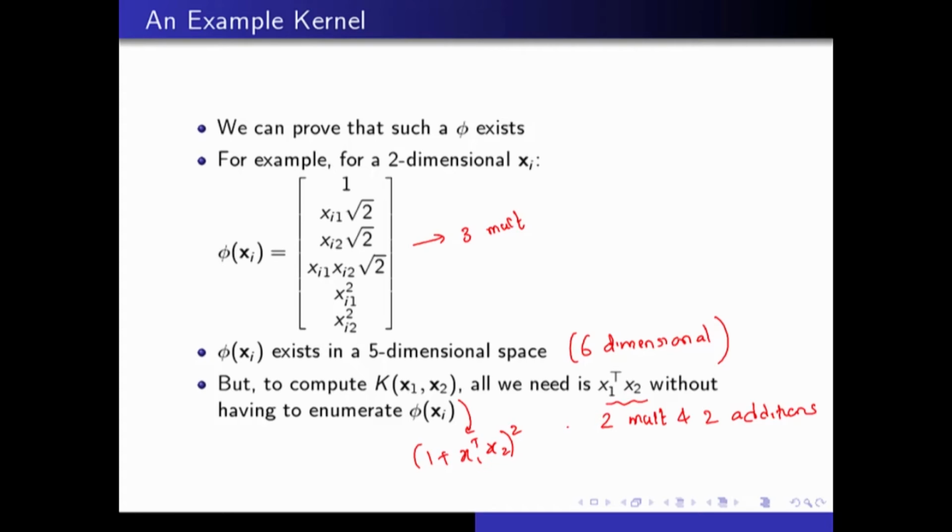For the simple 2-dimensional case, the gain may not be much, but for very large dimensions, this simple square is just a square of a single scalar, whereas you would really avoid enumerating an extremely large phi. So you can easily see that the kernel trick helps computationally.